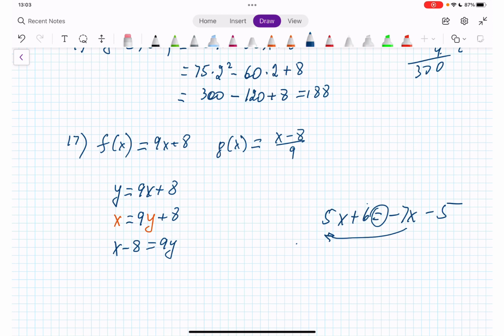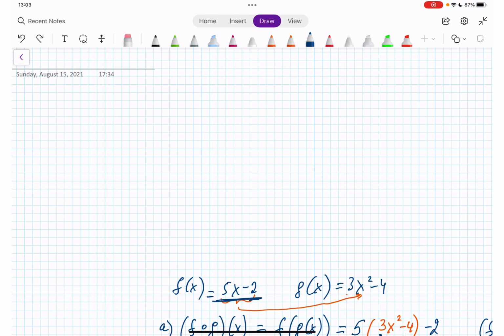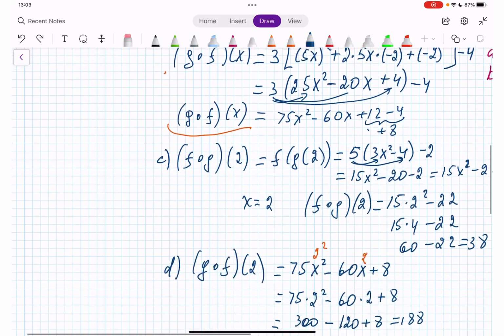I have here positive 6 moving over the bridge, right? Positive 6 becomes negative 6. So I don't go messing with the equation, plus, plus, minus, minus. You just move over the equal sign and you flip the sign. Here it is, positive 8. Moving over this bridge, it becomes negative 8. Simple as that.